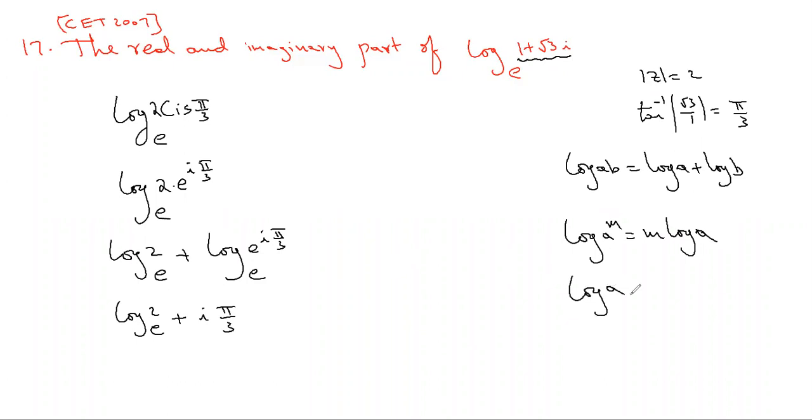The formula that I used here is log A base A equal to 1. And now the question asks the real and imaginary part. The real part is log 2 base e, and the imaginary part is not i pi by 3, just pi by 3. Imaginary part means you just need to write the coefficient of it. It is log 2 base e and pi by 3, option 1.